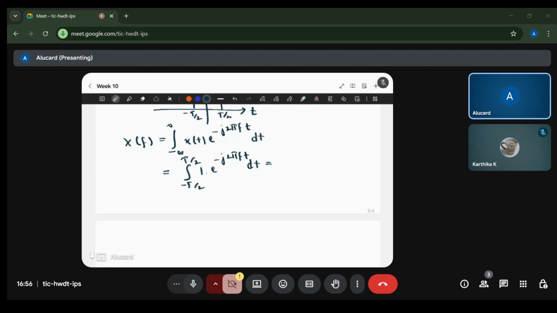So it's e power minus j 2 pi f t divided by minus j 2 pi f.